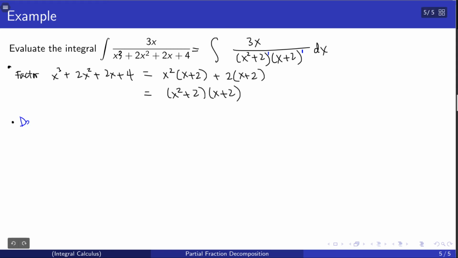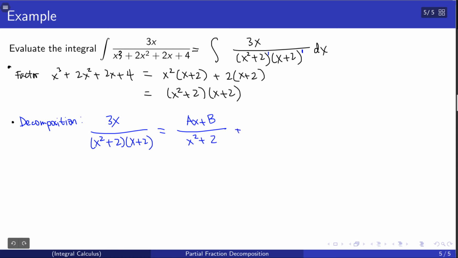Therefore, I know that my decomposition is going to be in this form. 3x over x squared plus 2 times x plus 2 is going to be equal to, well, a linear term. I can just call that ax plus b over my irreducible quadratic x squared plus 2, and then c, just a constant number, over x plus 2. Right? And this again follows from the previous slide.